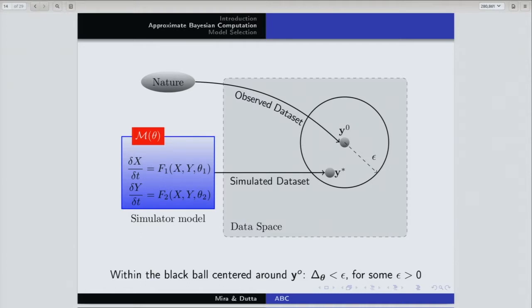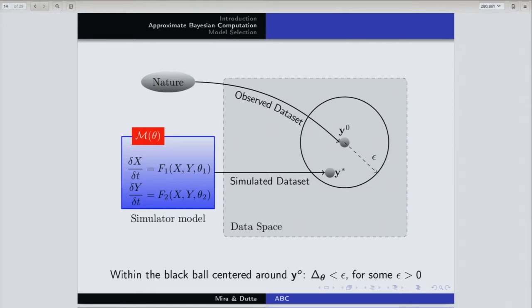So this is a picture that gives me the opportunity to repeat this concept again. This is nature that gave us some observation. Then we have a model that we believe reproduces what nature does. The model is typically indexed by a parameter or a set of parameters, theta. And the model is a complex model, so complex that we cannot write down the likelihood in closed form.